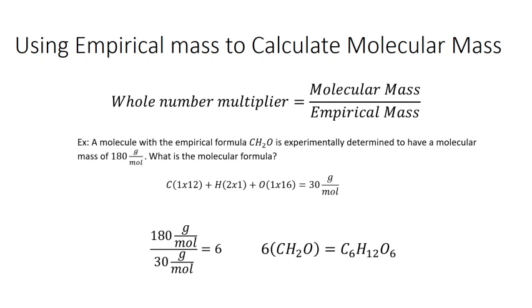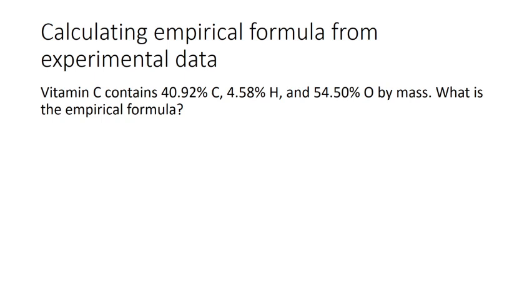Okay, now here's another type of question that you will come across a lot with empirical formula: calculating the empirical formula from experimental data. This one has a lot of steps, so get ready to pause the video and write down each step. All right, this is something you're going to want to write down, so pause the video, write down each step.